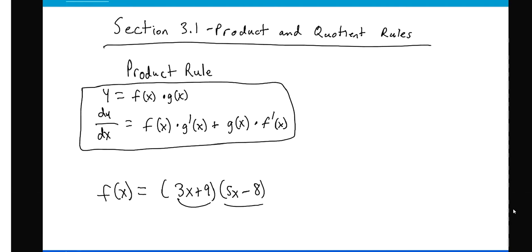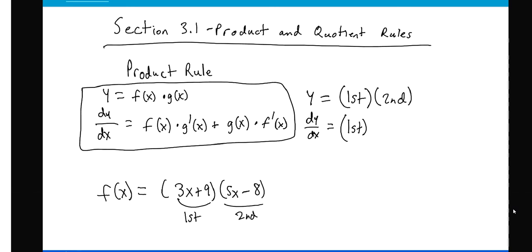So instead of thinking about this as f of x times g of x, what if we thought about it as the first factor times the second factor? First times second. So 3x plus 9 is first, 5x minus 8 is second. And then the derivative would be first times the derivative of the second.